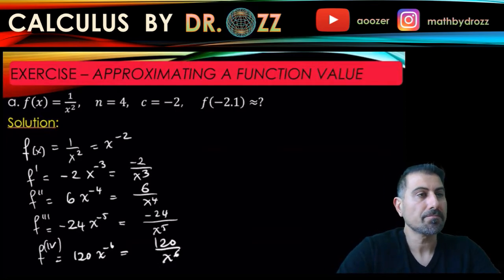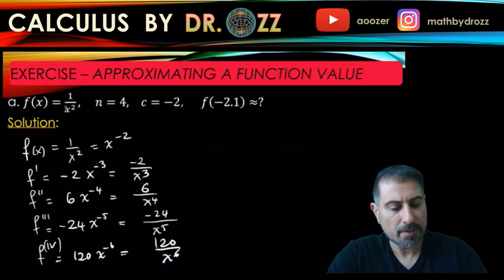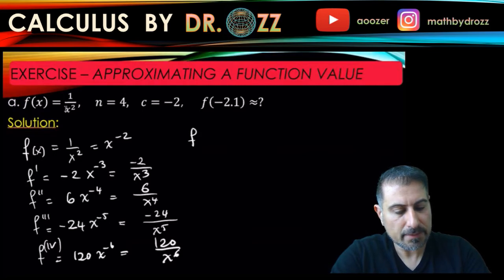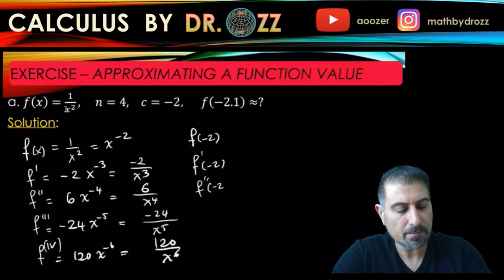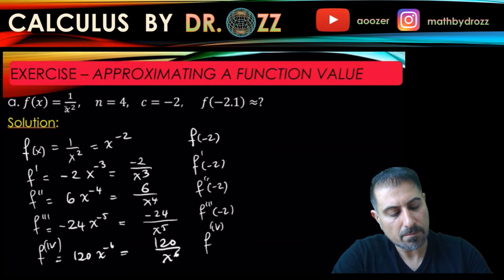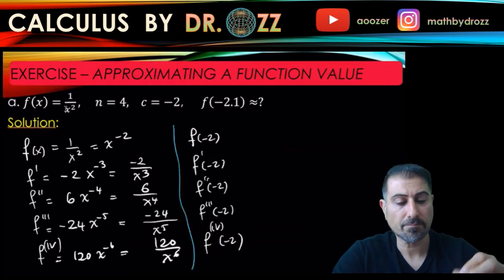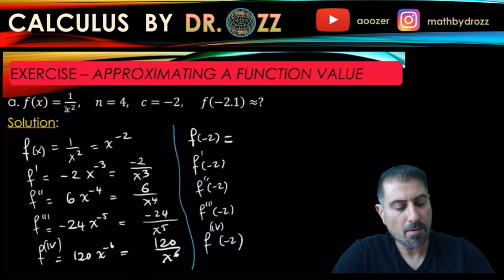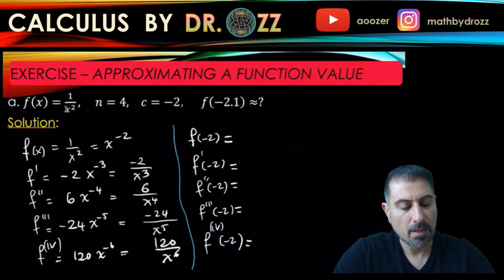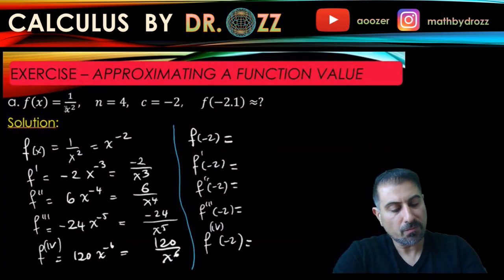Okay. All right, so I'm going to evaluate them at -2 all the way. All right, let's do it real quick. f of -2, 1 over -2 squared, that's 1/4.